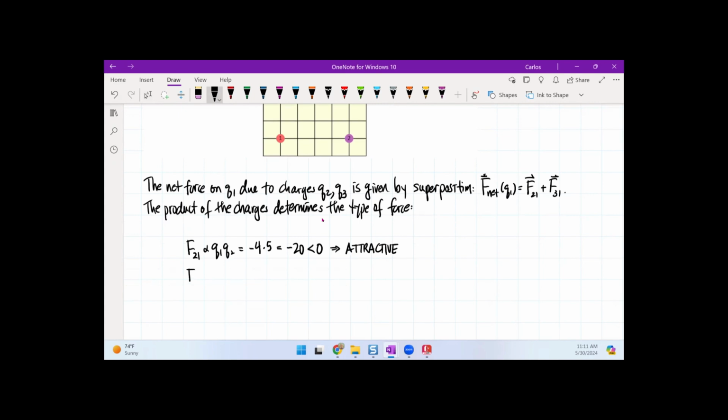Then I have force 3 on 1. If I look at these, this gives me +20, which implies that it's a repulsive force.